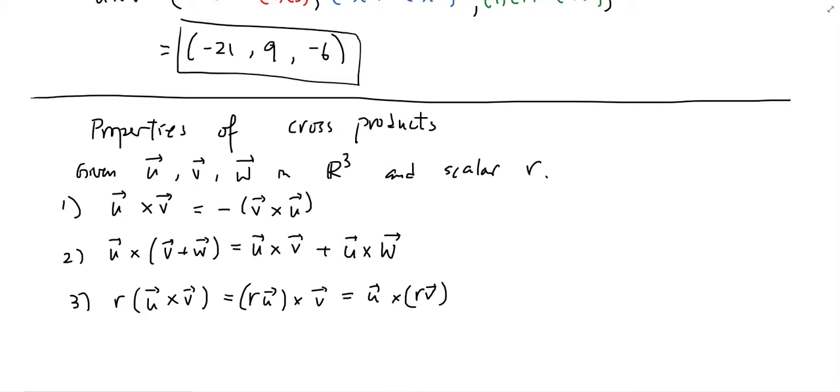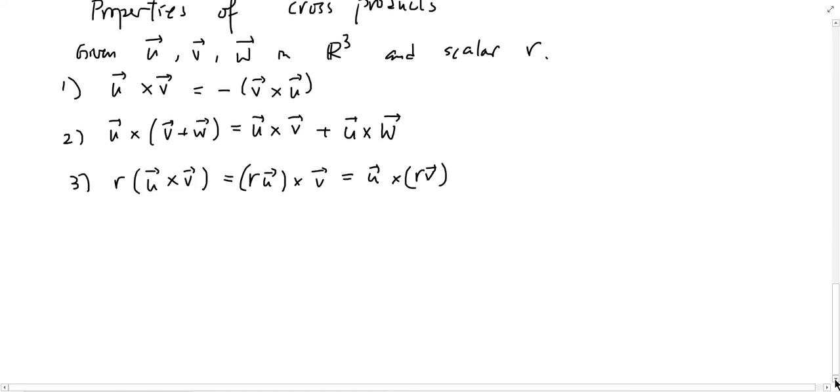Now, what is probably one of the most important usages for cross product? Well, if cross product allows us to find the perpendicular vector, then it's perfect for this problem right here. Imagine the following.